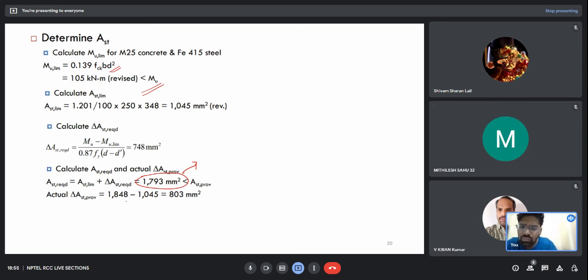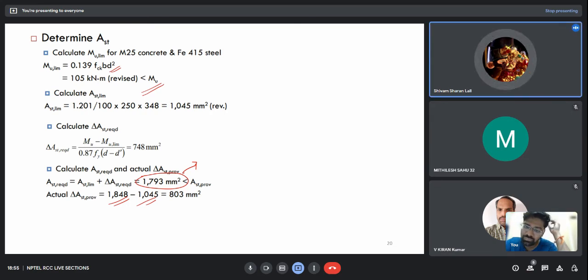So now what am I doing up here? AST2 calculation. Yes.